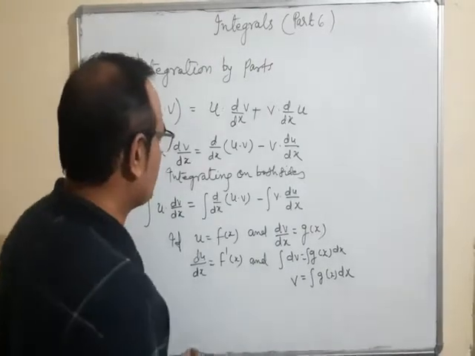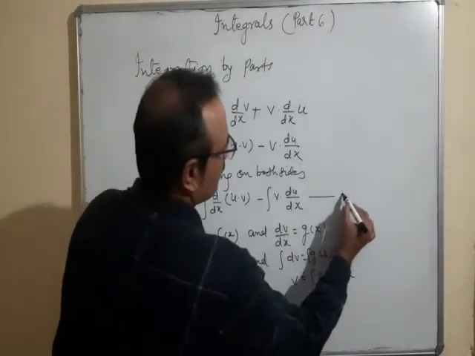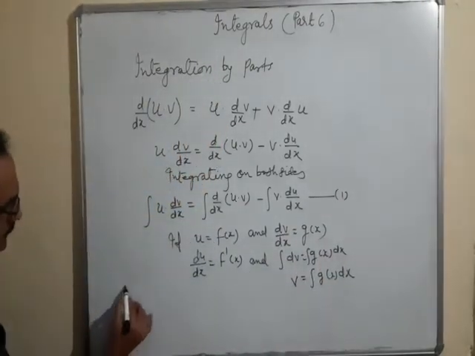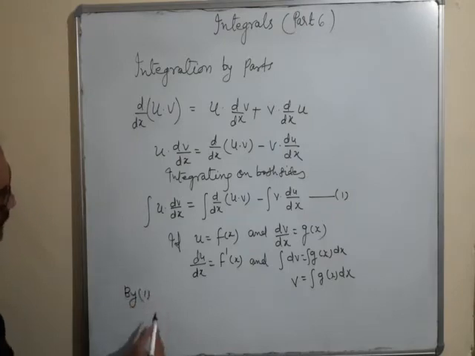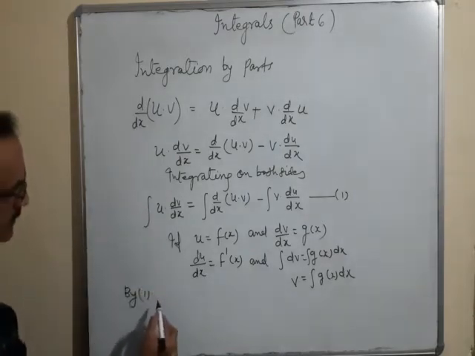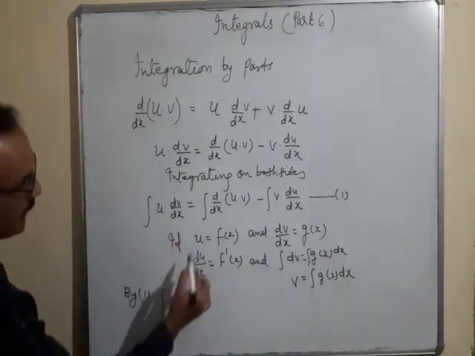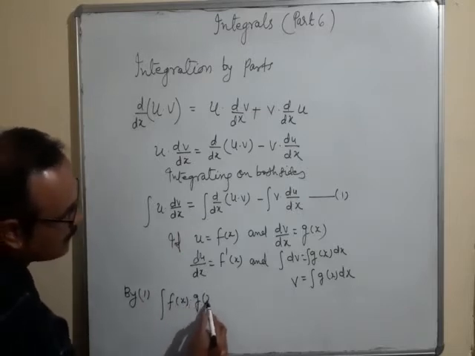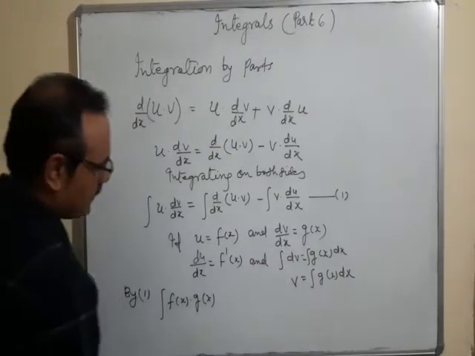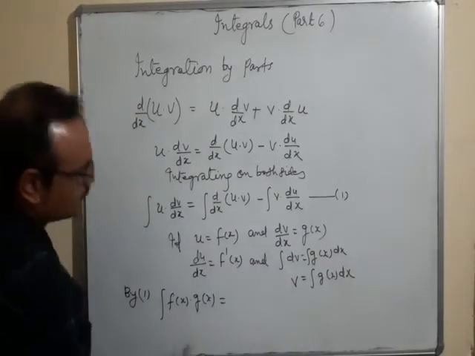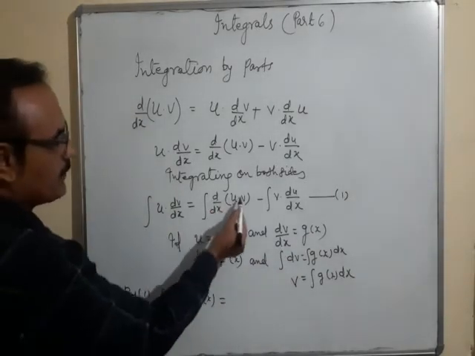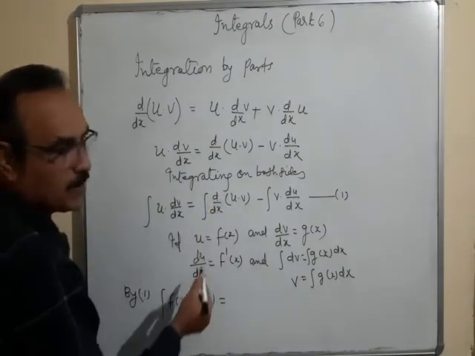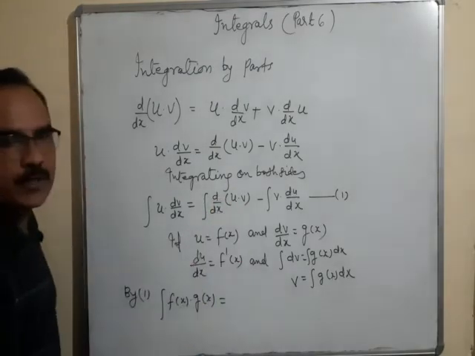These four values will be substituted here one by one. Then what is the result we are getting? Integration of u dv by dx, that is f of x into g of x, is equal to u times v only, which is left.